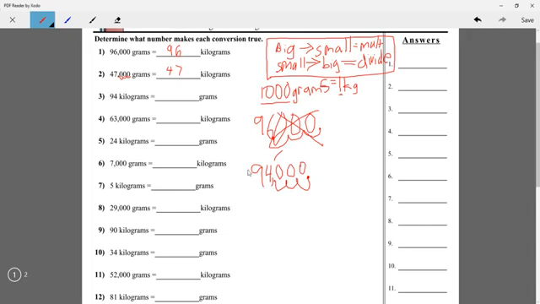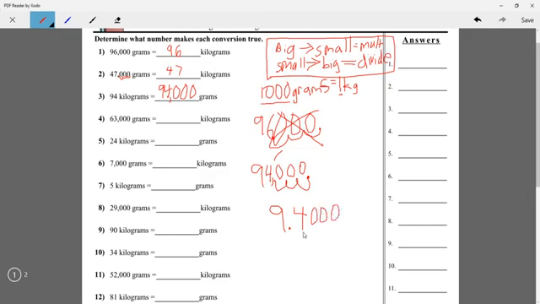So it ends up being 94,000. Now, if you're multiplying a whole number by a multiple of 10, you can just add the zeros to the whole number, right? So there's 3 zeros in 1,000, so you can just add 3 zeros to 94. But the problem with that is if you run into a decimal like 9.4, okay? So now, if this was 9.4 kilograms, and then I were to say, oh, 9.4 times 1,000, I'm just going to add 3 zeros at the end.